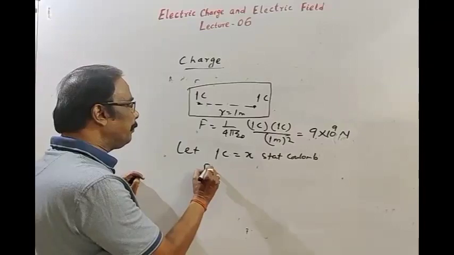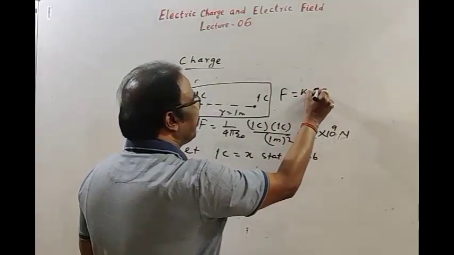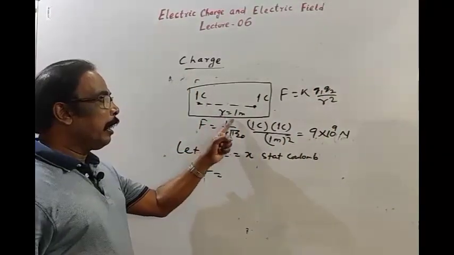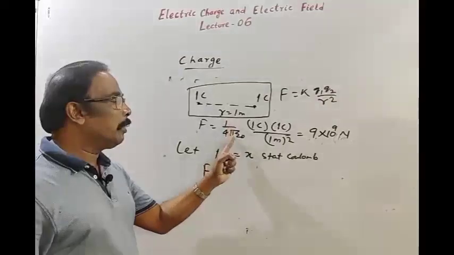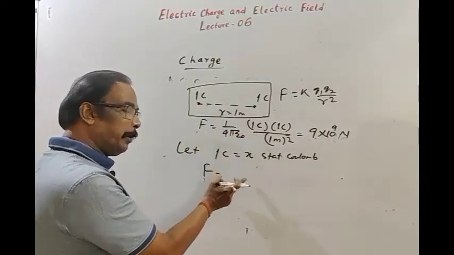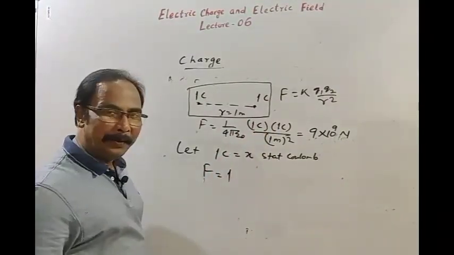The force is K Q1 Q2 by R square. In MKS, in air or vacuum medium, K is 1 divided by 4 pi epsilon 0. We are converting the whole formula into CGS, and in CGS K is 1 unit.